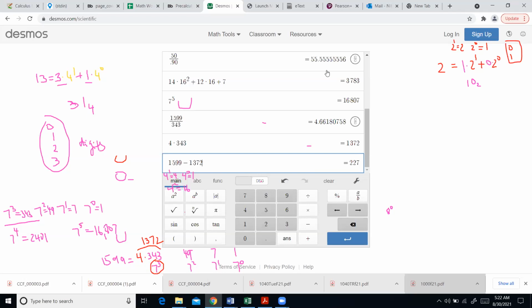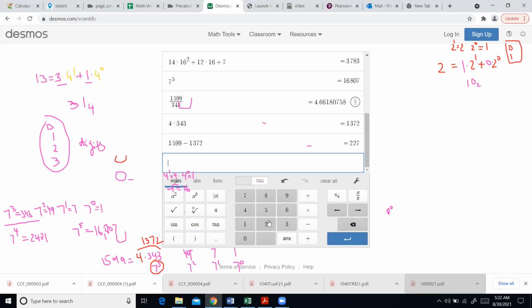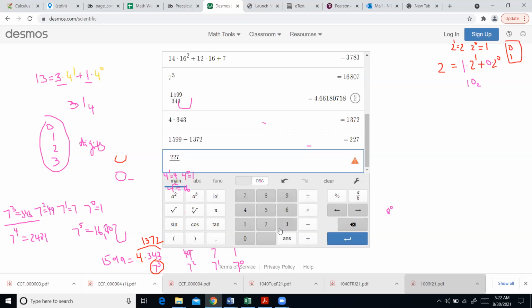So now next step will be to take this 227 and divide by next power of 7, which is 7 squared, and see how many 7 squares or 49s are going to fit in it. You see how it goes?